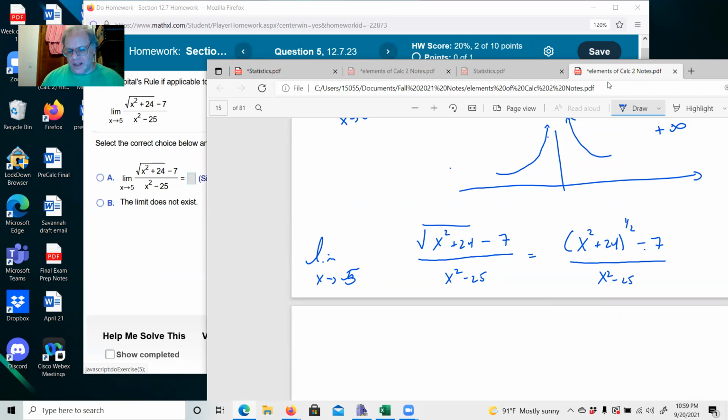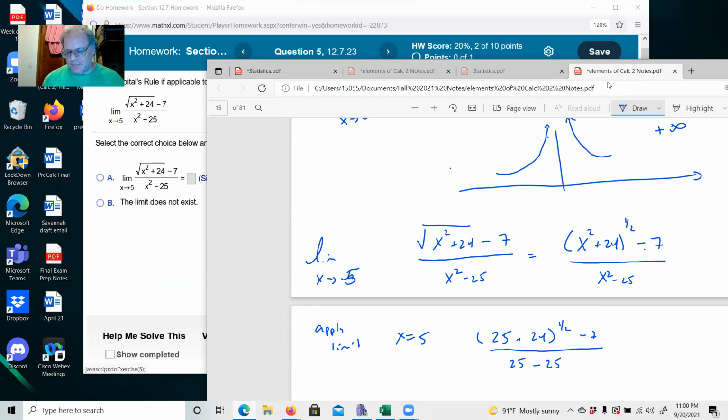As we apply our limit, we get 25 plus 24 raised to the 1/2 minus 7, divided by 5 squared minus 25.